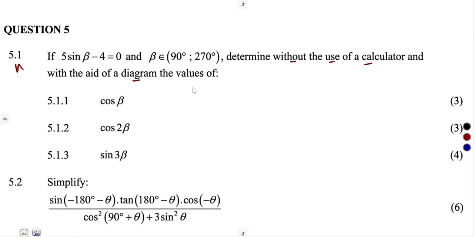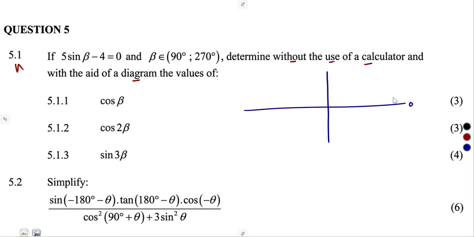A diagram. So they want us to have a diagram to answer this question, all right? So we are told about the angle beta. It must be in which interval? 90 to 270.